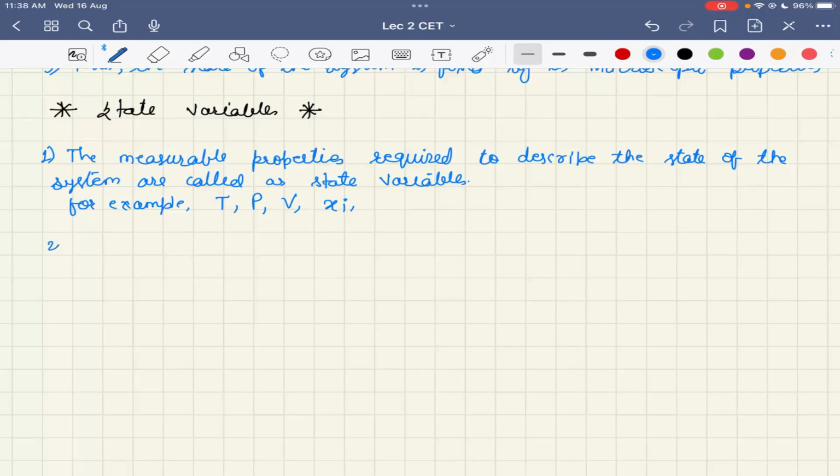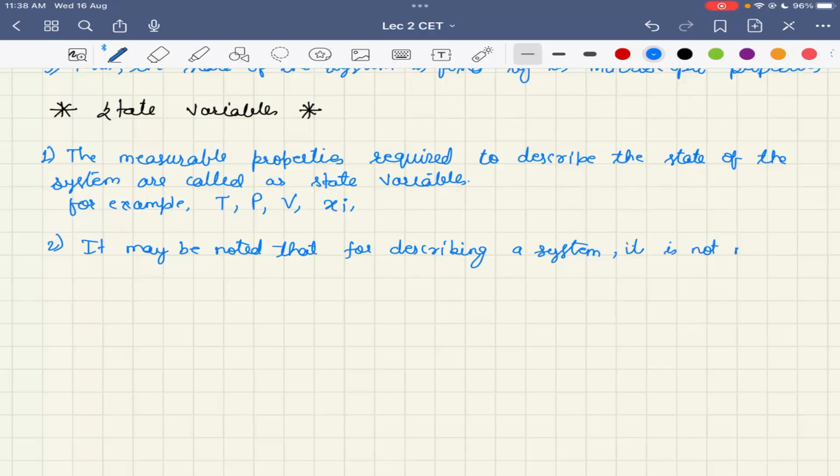So it may be noted that for describing a system, it is not necessary to specify all state functions or state variables, right?